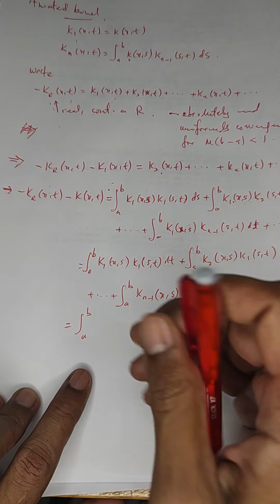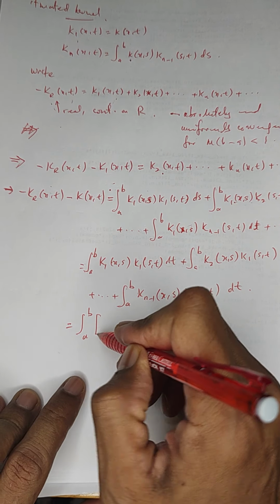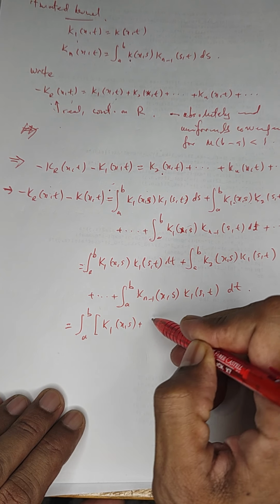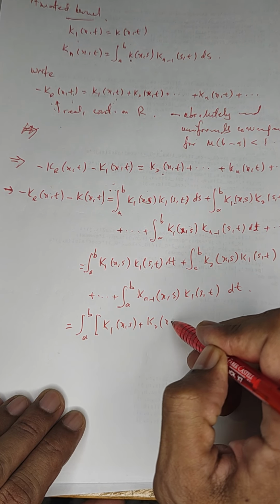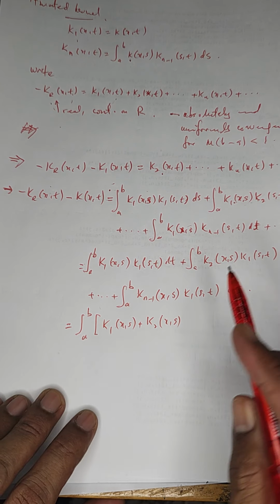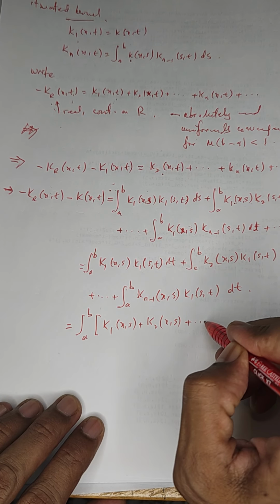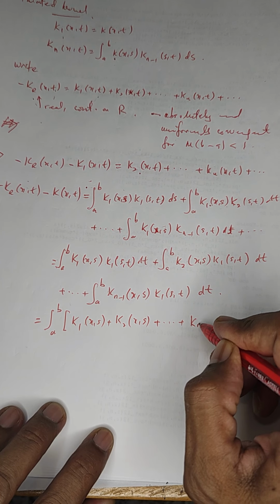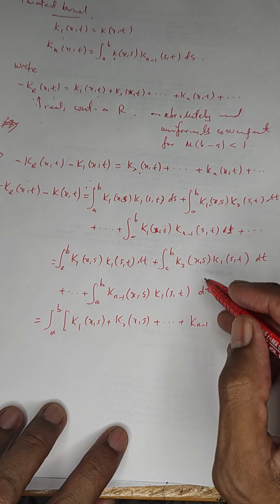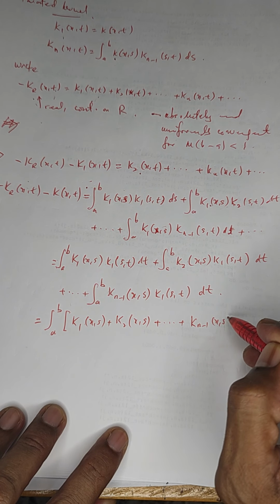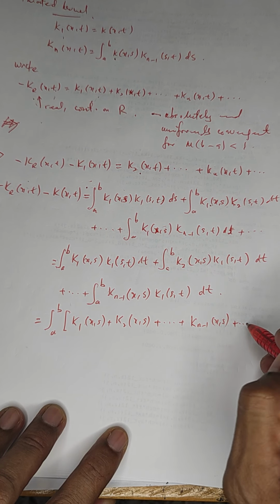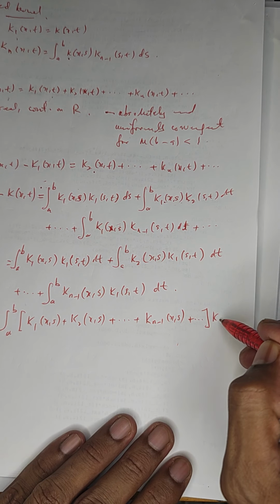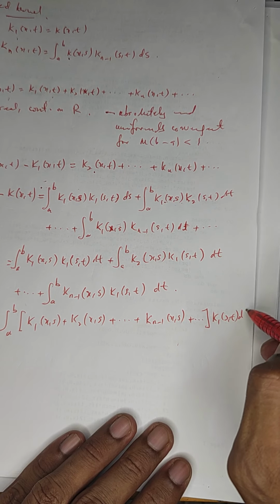And I can also write those as integral a to b of k1(x,s) plus k2(x,s), we just factor out those things, plus and so on, k_{n−1}(x,s) and so on, and we just take out k1(s,t) dt.